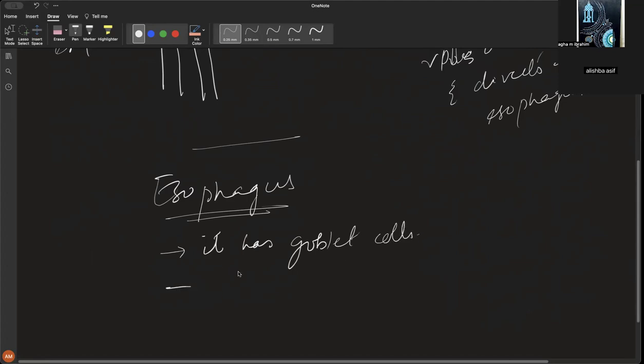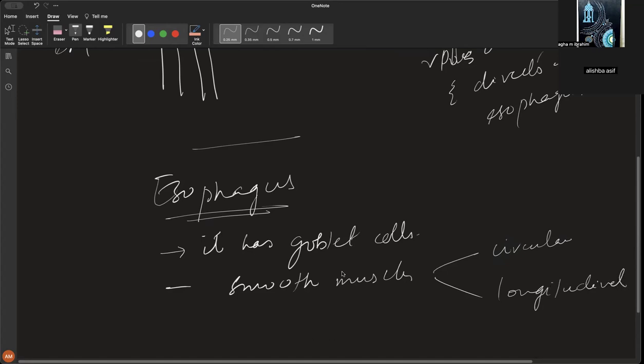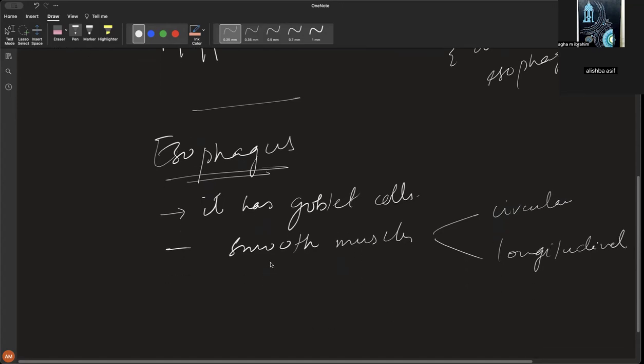Similarly, it has those smooth muscles. What were the two smooth muscles that we studied? The circular ones and the longitudinal ones. Why? Because peristaltic movement needs to be taking place.